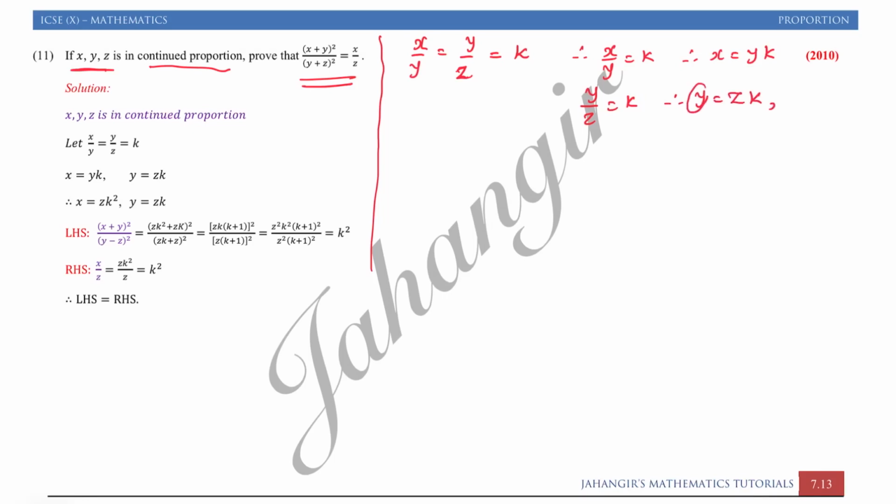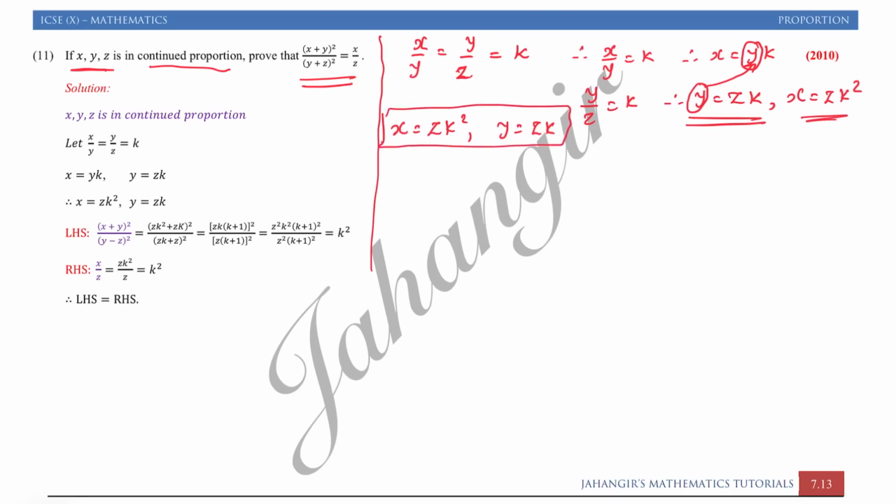So this y, if I am substituting over here, x value I will get zk square. So now I will substitute x value as zk square and y value is zk, both in terms of z.